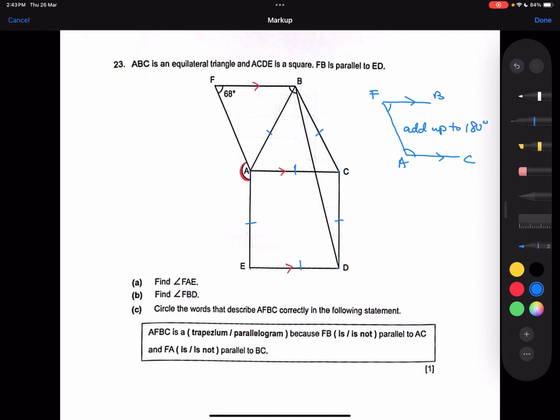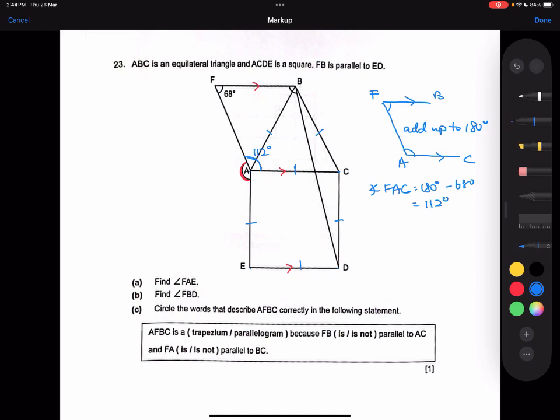Which means that we can easily find this angle here. Angle FAC is equals to 180 degrees minus 68 degrees and gives us 112. So this is 112.